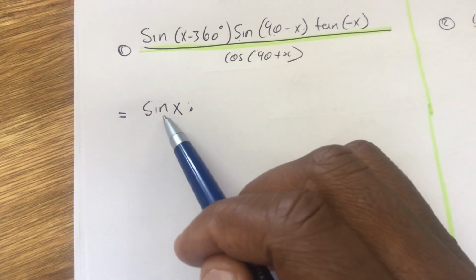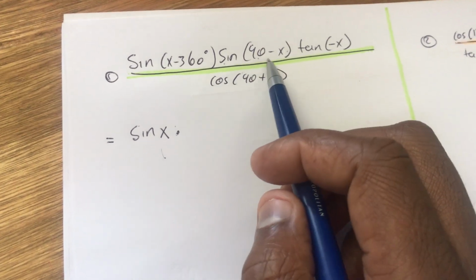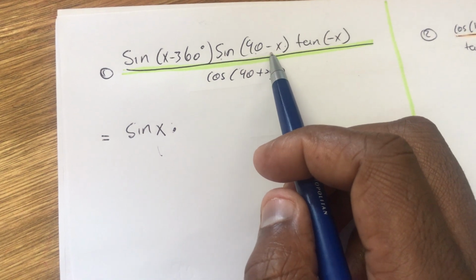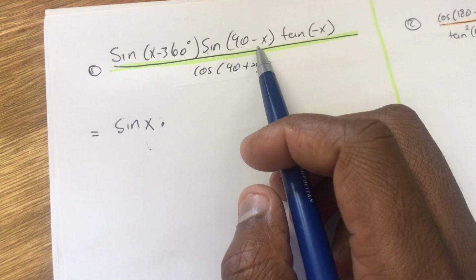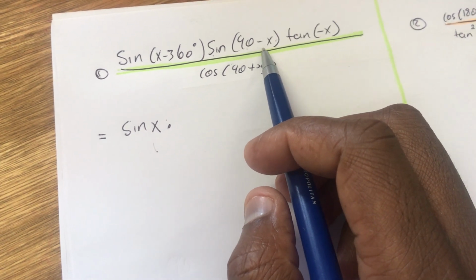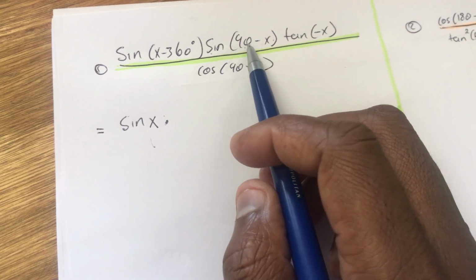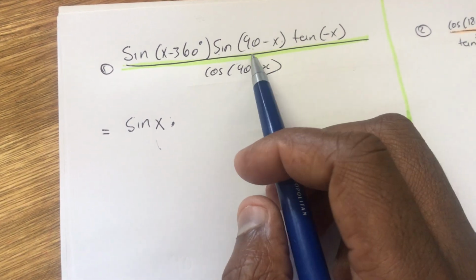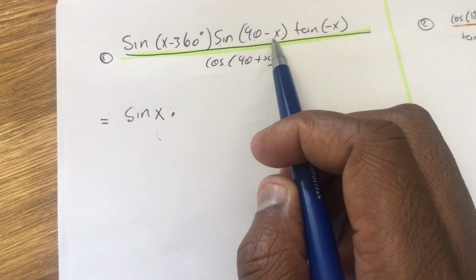That's why here I wrote sine x multiplied by the sin of 90 minus x. Here I spoke about the cofunctions, or the trig ratios which involve 90 degrees. And then I said that when you have something like this, you always switch to cos.